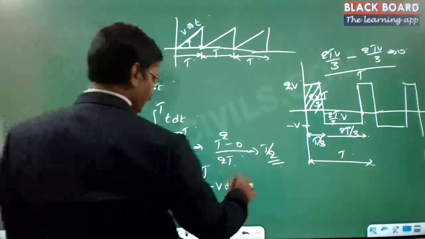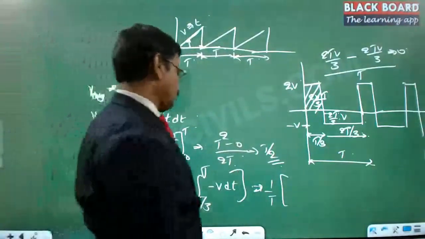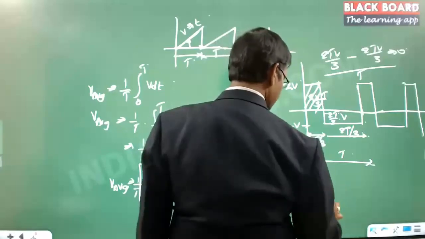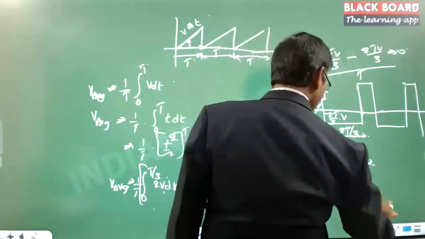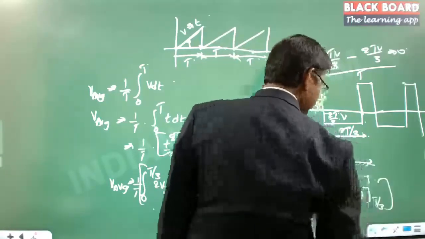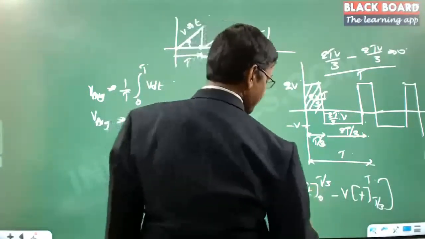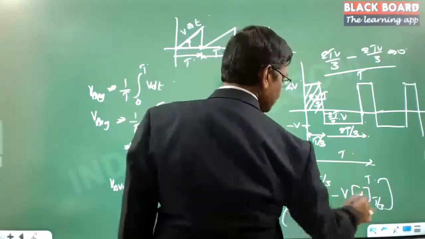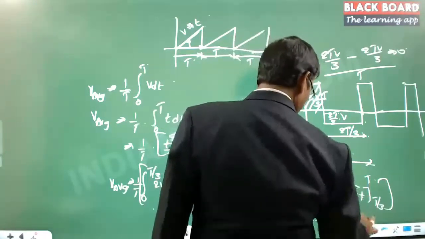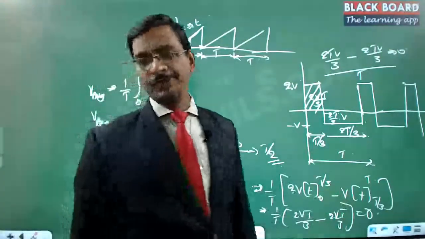Calculating this, it is 1 by T times 2V into t, upper limit T by 3, lower limit 0, minus V into t, upper limit T, lower limit T by 3. This gives 1 by T times 2VT by 3 minus V times 2T by 3, which is 2VT by 3. So this value is 0. Got it? So the average value is 0 for this particular scenario. I hope you got it.